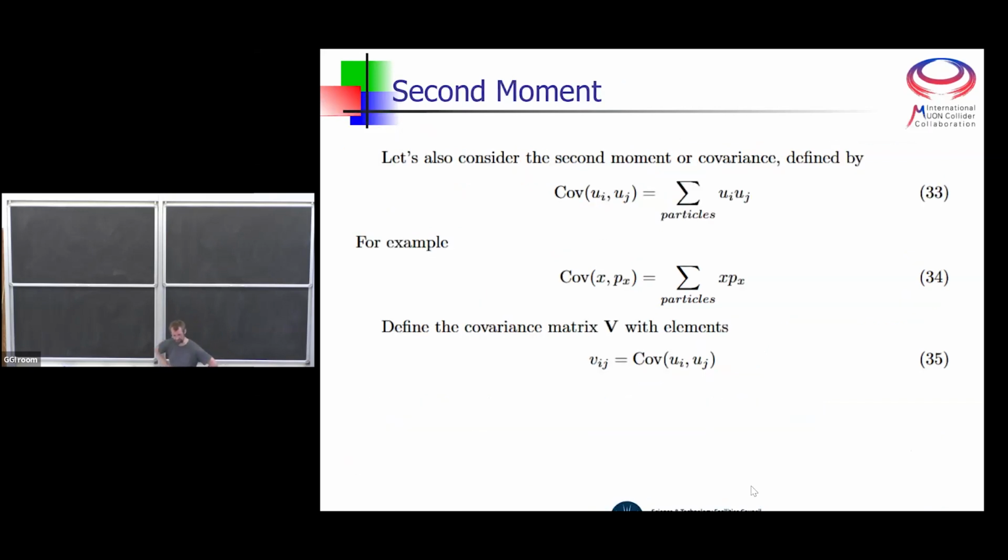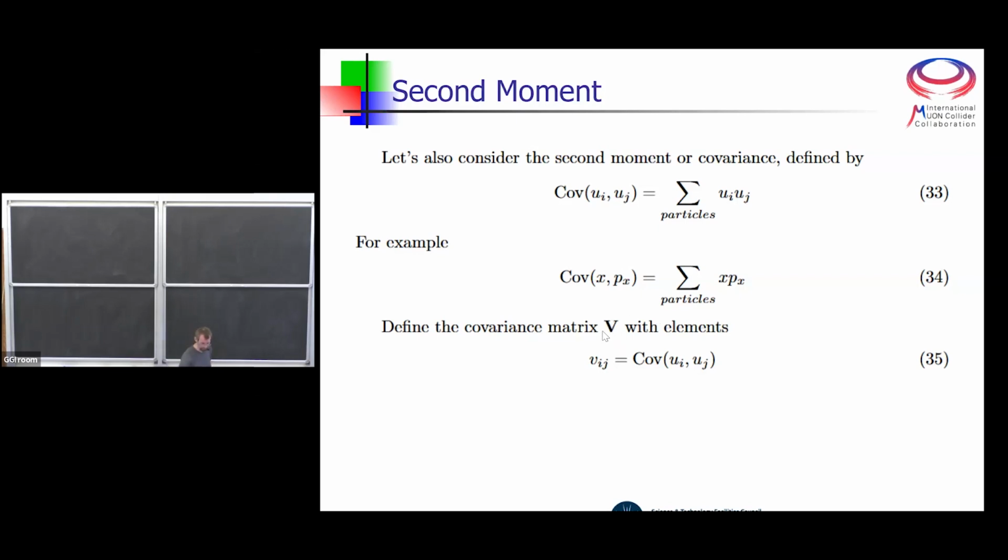Okay, so now let's consider the second moment, covariance. We define the second moment in this way. Again, the sum over all particles of the product of two of the phase space vectors, so position and momentum, for example, or a position and a position, divided by the number of particles again, of course. So for example, the covariance in x and px is equal to the sum over all particles of x times px.